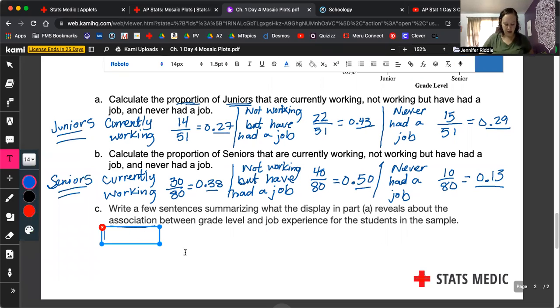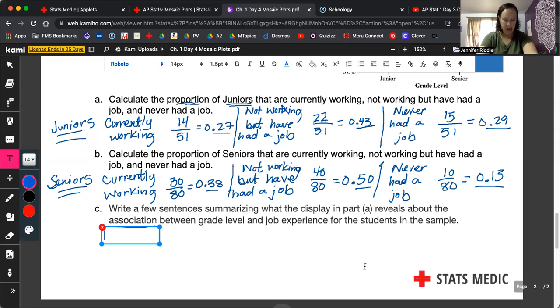So we can say that we can easily see, for the most part, currently working seniors and not working but have had a job, there are more seniors who fit into those categories than there are juniors. And never had a job is smaller for seniors than it is for juniors.